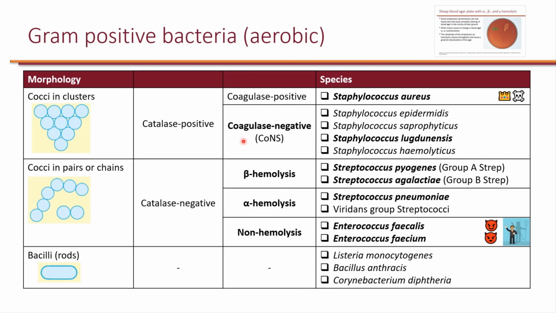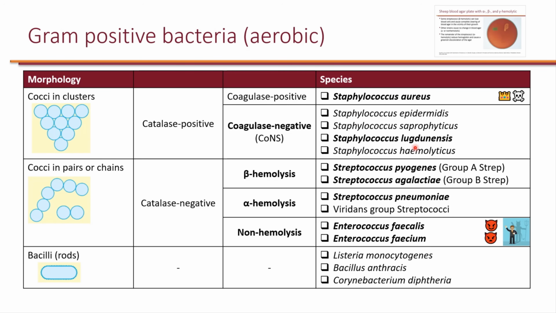And if they say the coagulase is negative, you have several options, and together all of these are referred to as coagulase negative staph or coagulase negative staphylococcus. There are several species that are coag negative, and I have listed 4 that are more common.